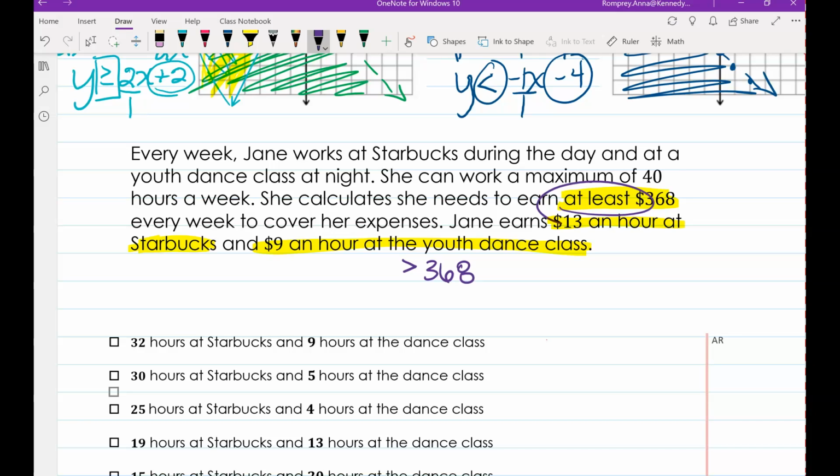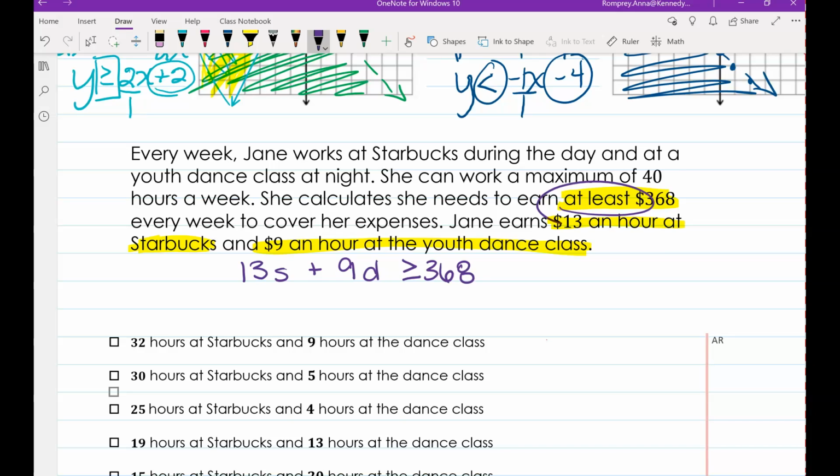Now, can I earn 368? At least 368. So yeah, I can earn 368. So I need to have an equal to. And how do I do that? $13 an hour at Starbucks. So 13S plus $9 an hour at dance class. 9D needs to be greater than or equal to 368.